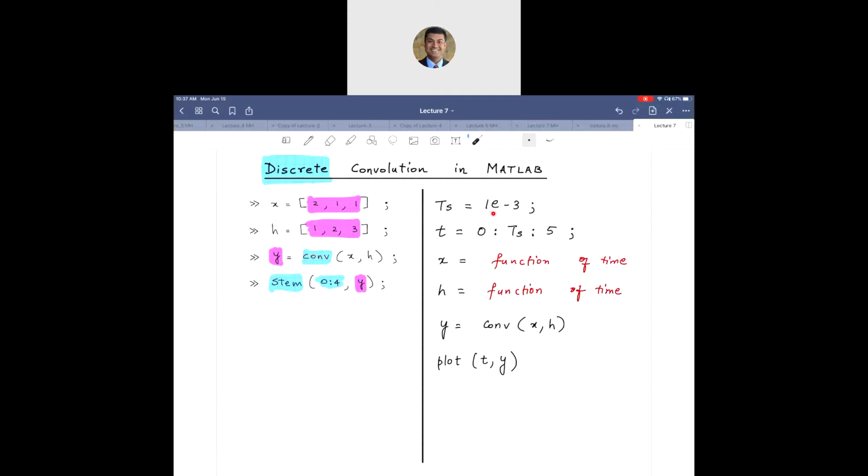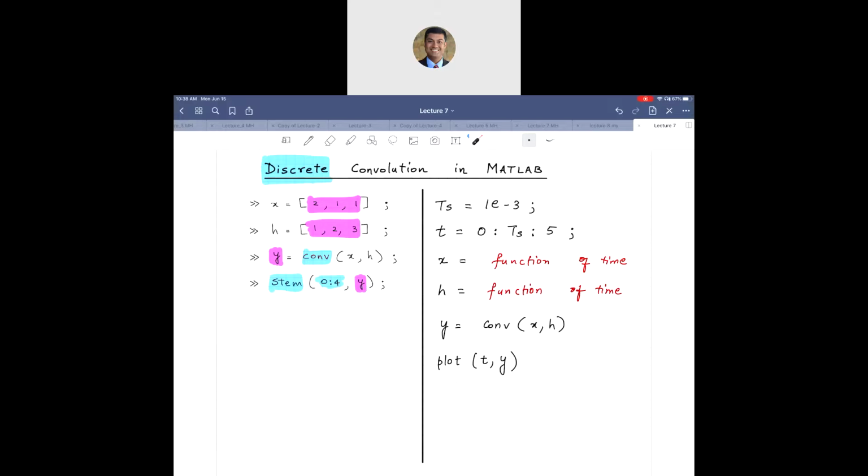Instead of having 5001 values in the time vector, you're going to have much more than that. So you could use these strategies to validate your convolution work. This is being presented to you not as a means of finding the convolution, but as a means of validating your work.